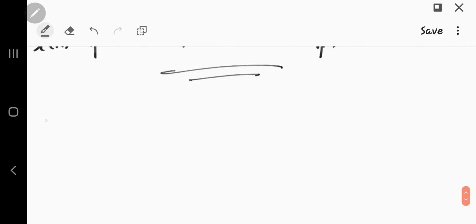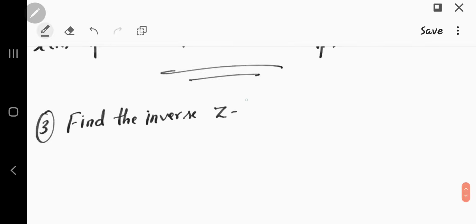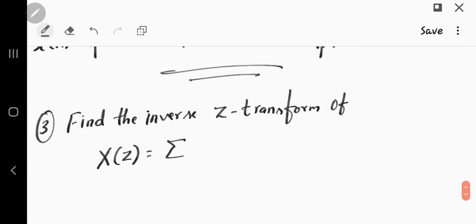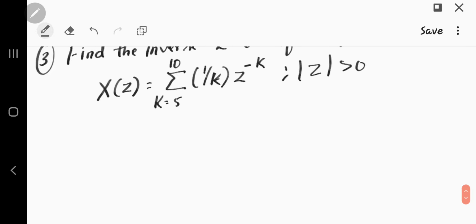The problem is like this: find the inverse z transform of x of z is equal to the summation k equals 5 to 10 of 1 by k z to the power of minus k, where z is greater than 0.